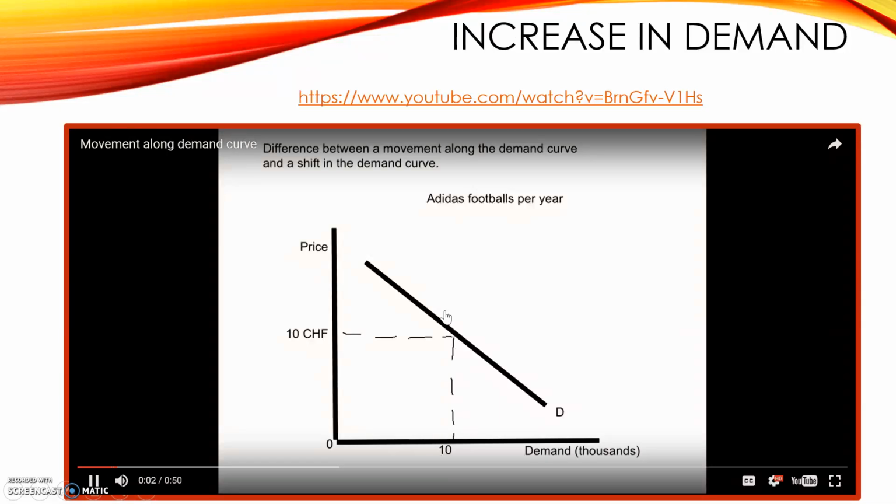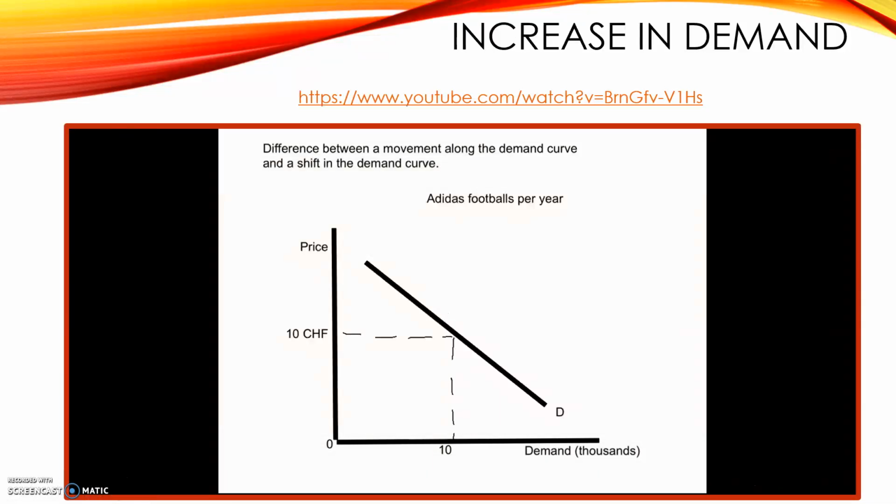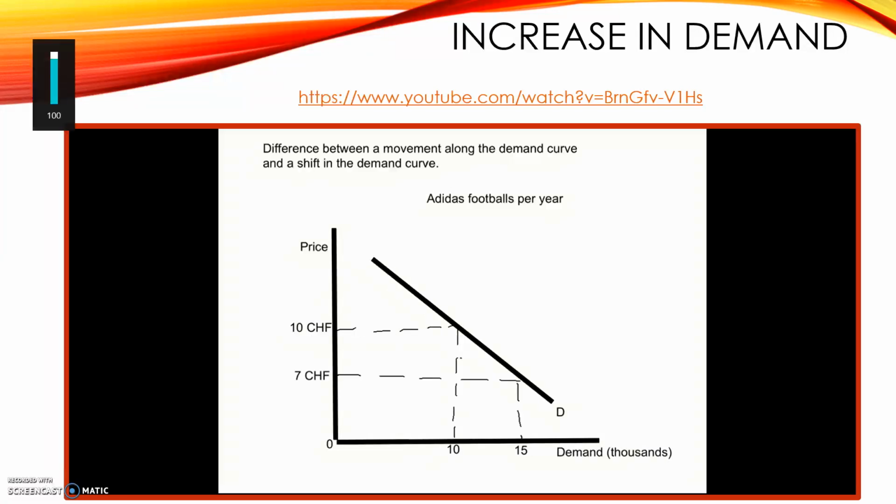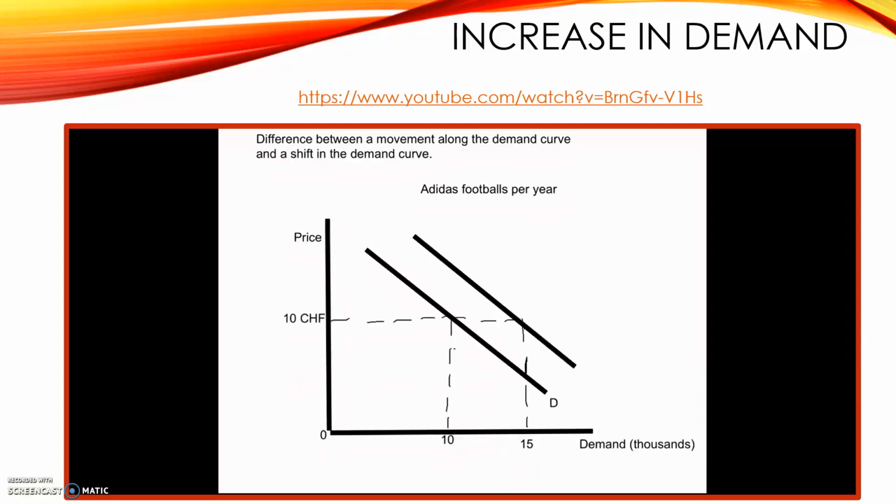Hello, today I'll be showing you the difference between the movement along the demand curve and a shift in the demand curve. The example I will be using is Penny Ice Cream. Let's say Penny Ice Cream starts off with a price of 10 cents and every year sales will result in 10,000. If they started to reduce their price to 7 cents, we would see movement along the curve, increasing the demand to 15,000.